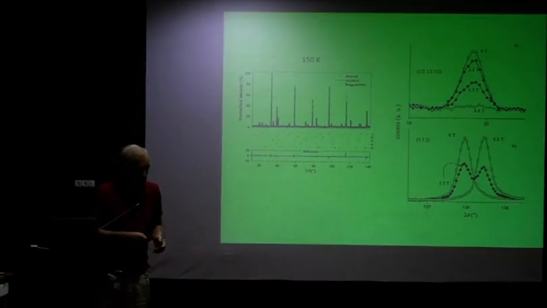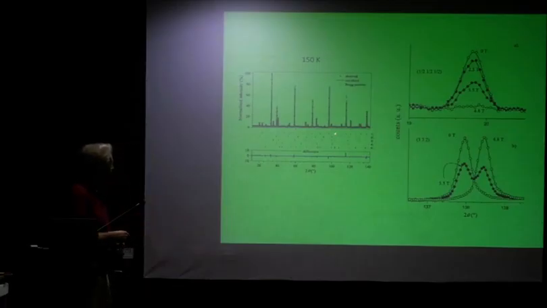Okay? So we have here data. This is at 150 Kelvin. And we are applying a magnetic field from 0 to 5 Tesla and then back down again to see how these peaks are evolving. We look at two particular peaks. One is a so-called half-half-half. That is at somewhere less than 20 degrees.